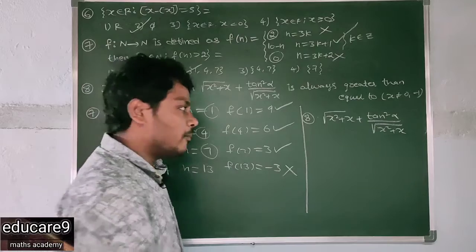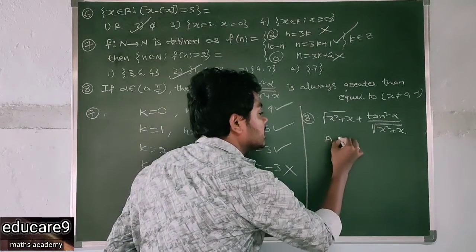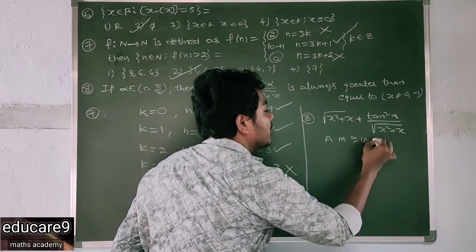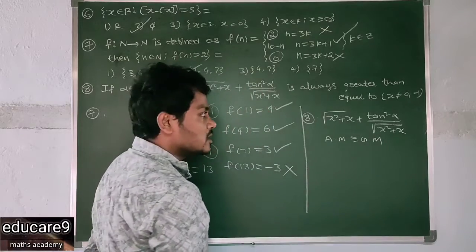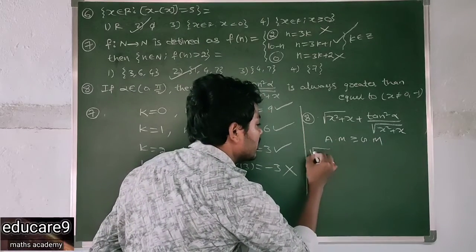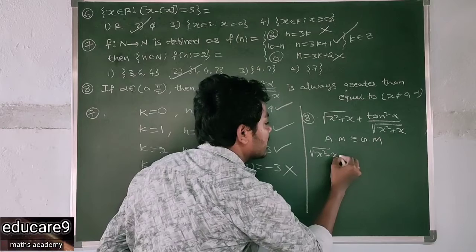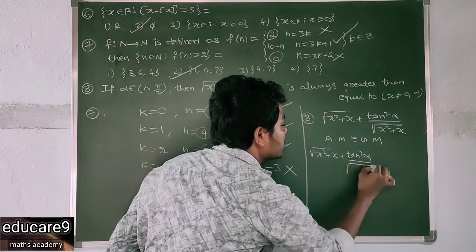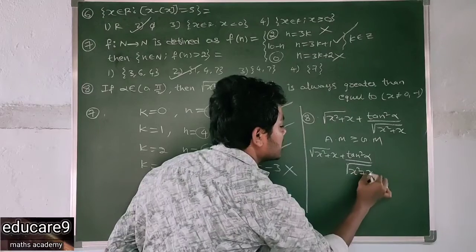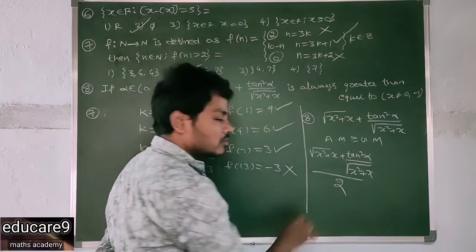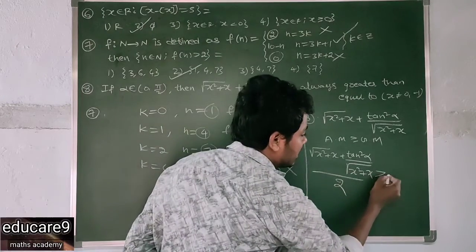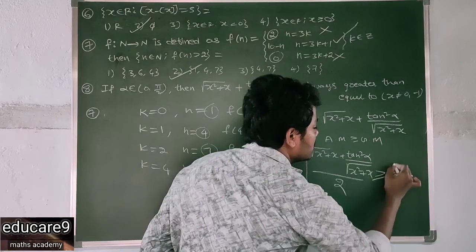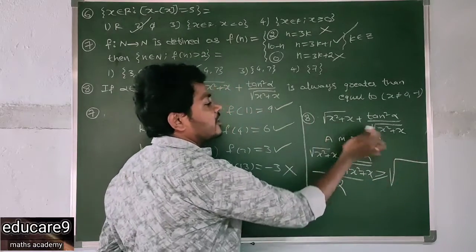Now apply AM is greater than or equal to GM. So this is square root of x square plus 6 plus tan square alpha, divided by square root of x square plus 6, all by 2, is greater than or equal to the square root of the product of these two.